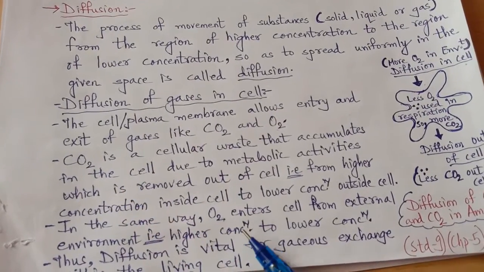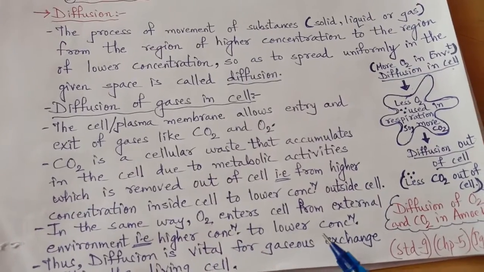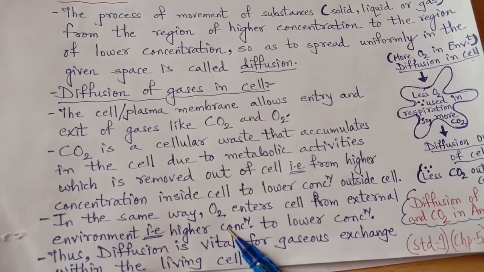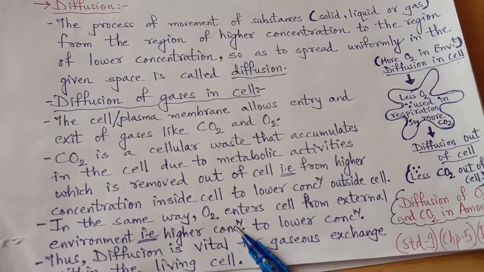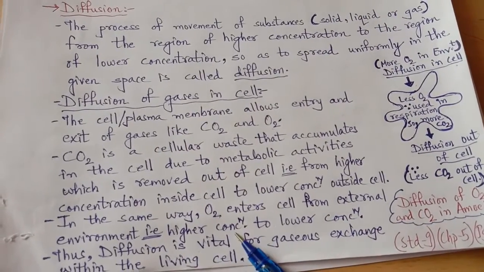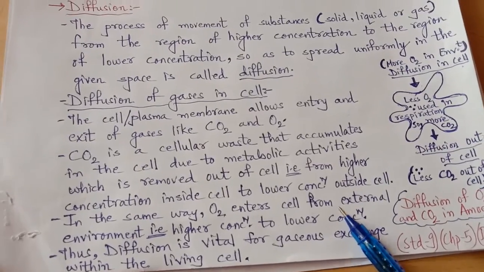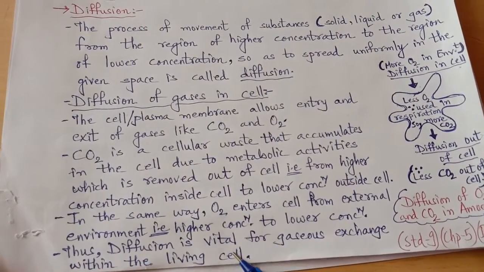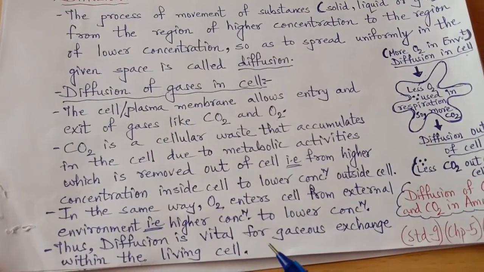So inside the cell, now the level of oxygen is less. It means it is lower concentration inside the cell, and the outside atmosphere is rich in oxygen. So from the outside environment, it enters the cell. That means higher concentration outside to lower concentration in the cell. And thus diffusion is very, very important, that is vital for gaseous exchange within the living cell.